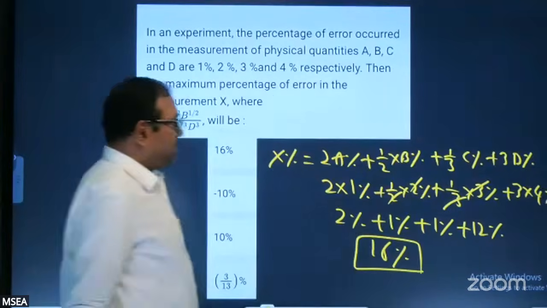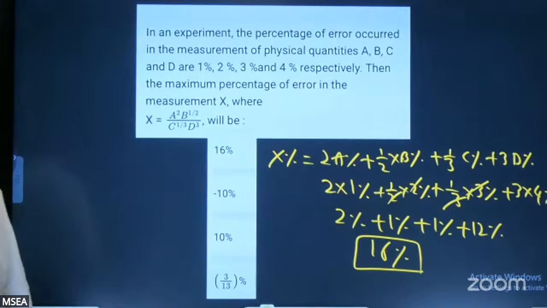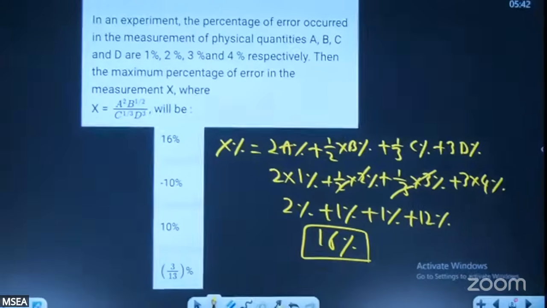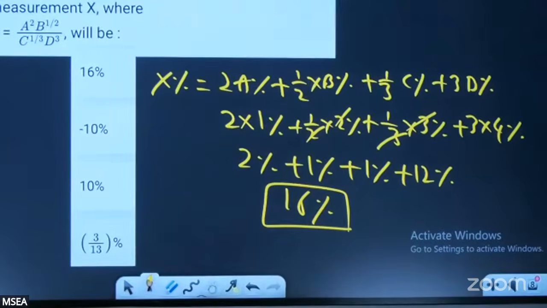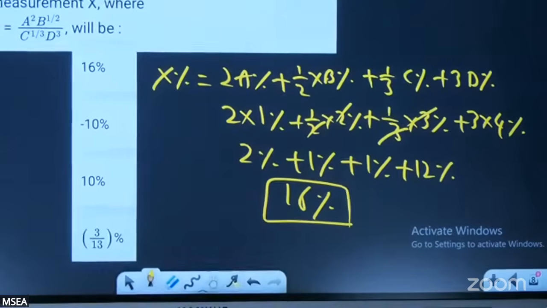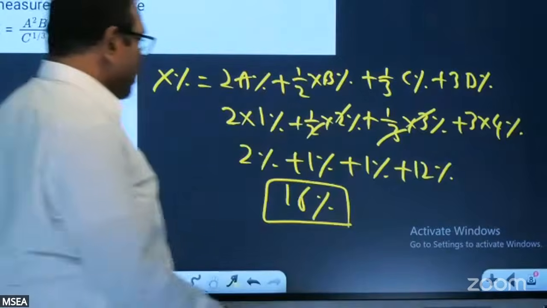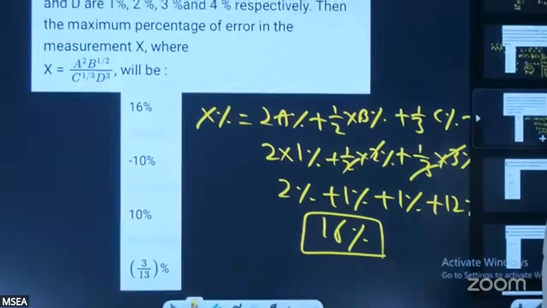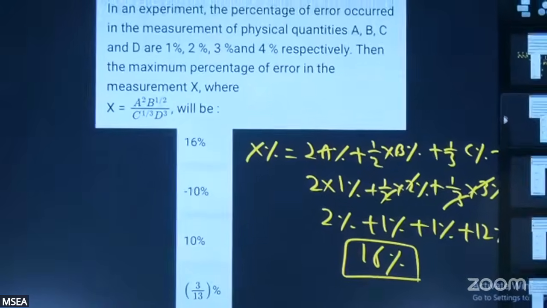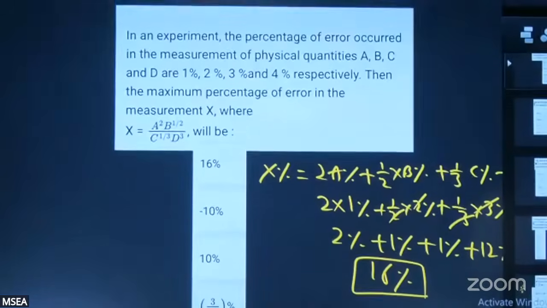That should be the answer. Right. Next one, this is the maximum percentage we can take, like this.